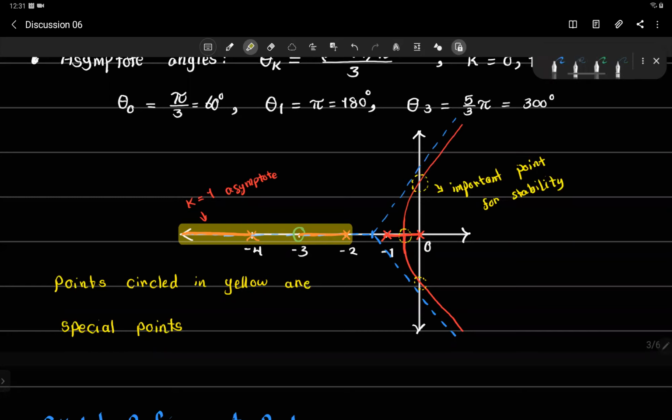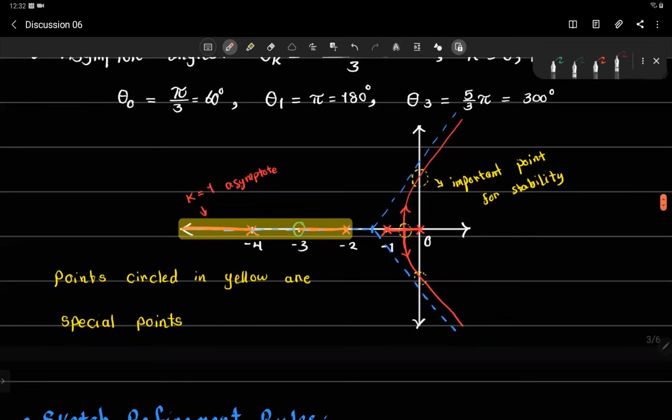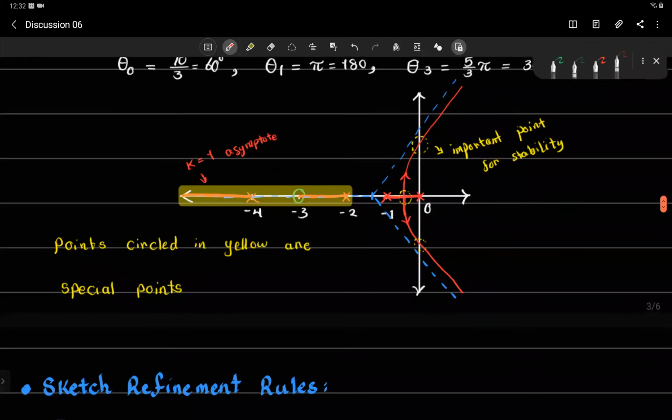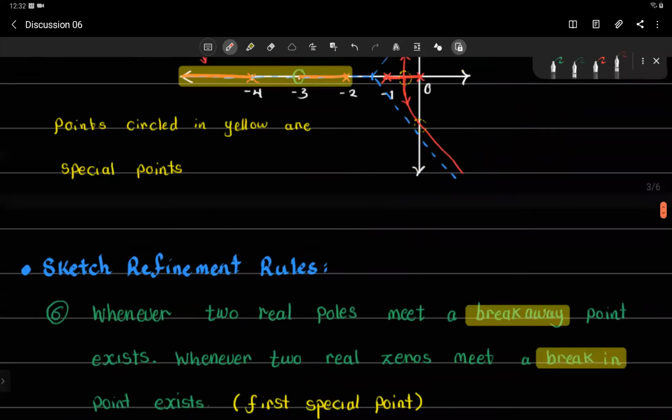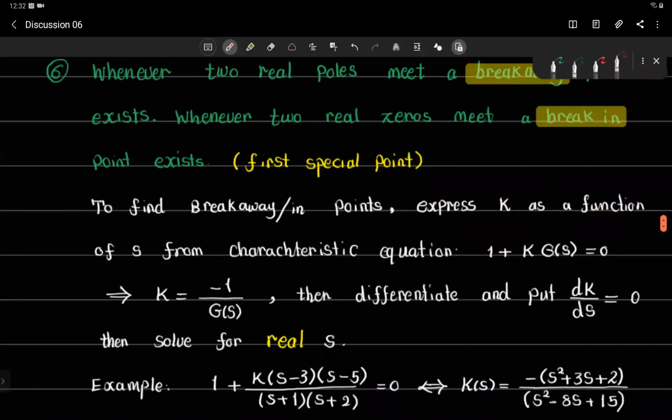But then as k increases and reaches the breakaway point, the poles become complex conjugate, and so we start to have oscillations. These oscillations change the nature of the system from having no oscillations at all to having oscillations. And so the breakaway point is a special point for that purpose.